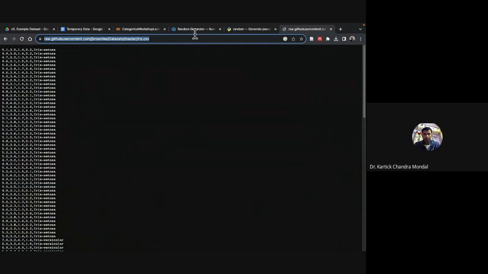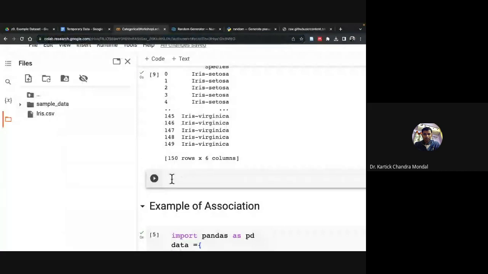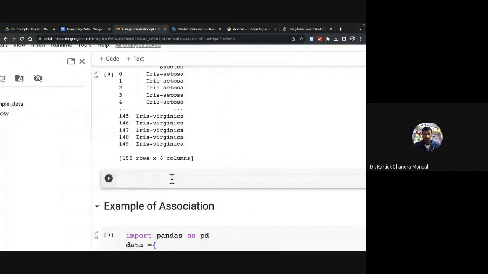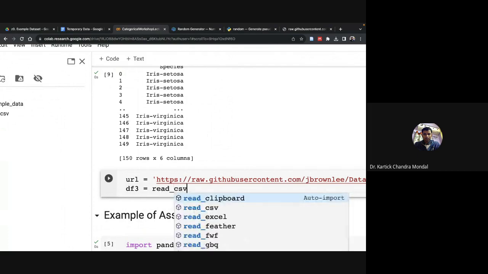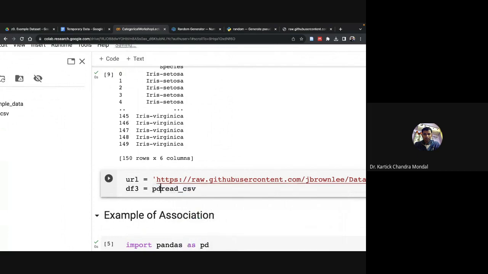You directly copy this link and come to the Colab file where you plan to use this Iris file. Now you create a URL variable where you store the URL, and then you use it, right? So similarly, df3 equals pd dot read underscore CSV, because read underscore CSV is part of pd, and use the URL you have copied.